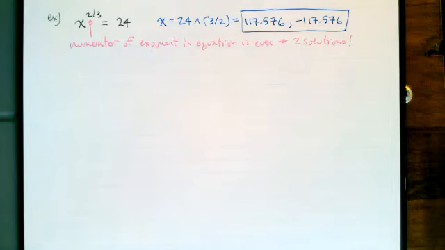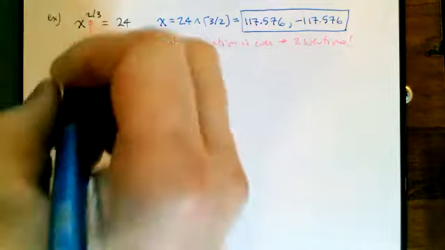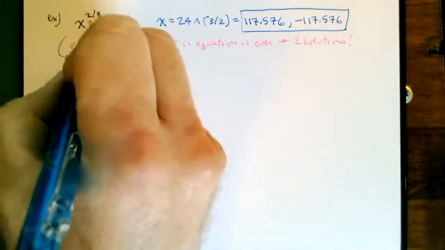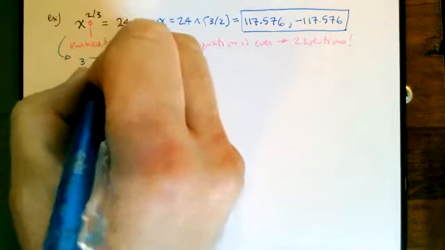If we look at this in radical form, then the numerator of the exponent is going to be the exponent under the radical. So in radical form, the denominator is the index, so this is the cube root of x squared.